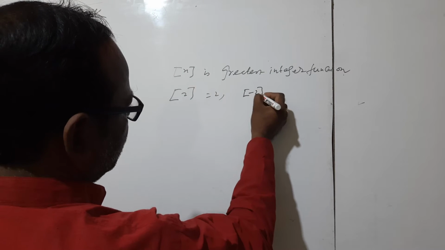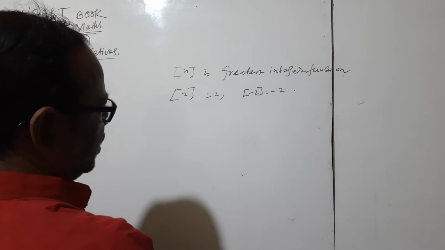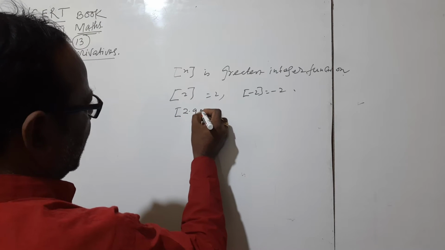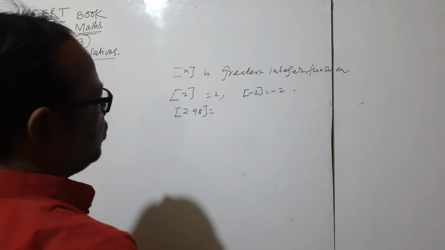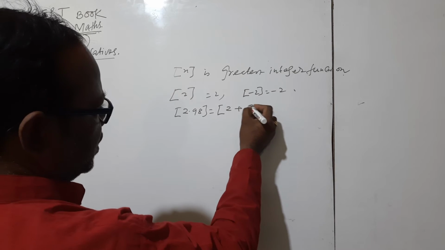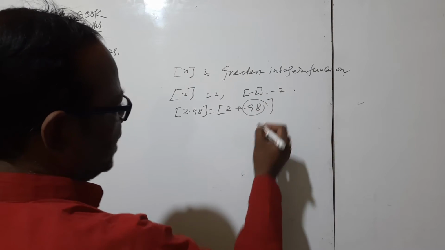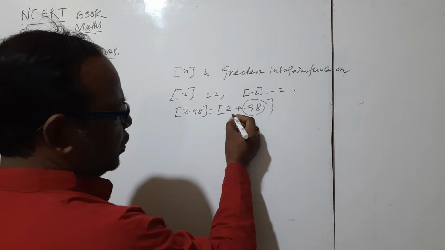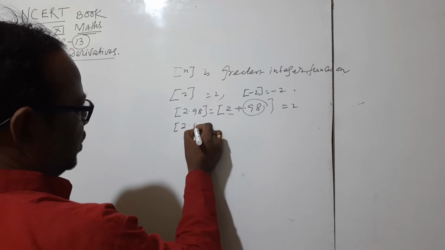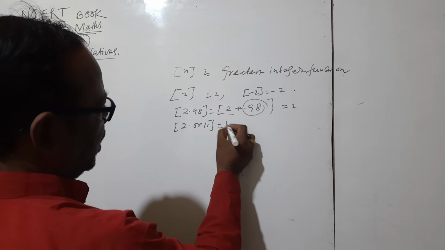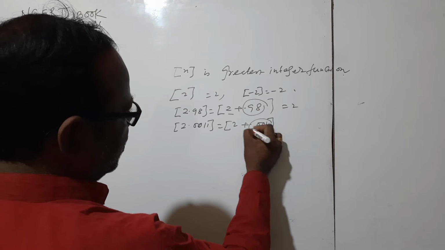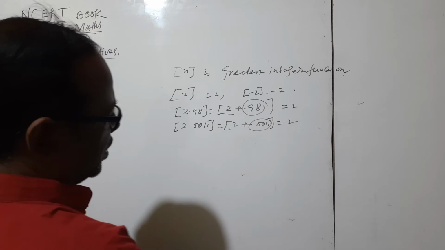Actually for minus 2 we take minus 2 also, but if we take 2 point something, like 2.98, that would actually be 2, so only the integer part is taken, which is why it's called the greatest integer function. The fractional part is neglected. If we take 2.0011 something, this fractional part would also be neglected, so the integer part is taken.